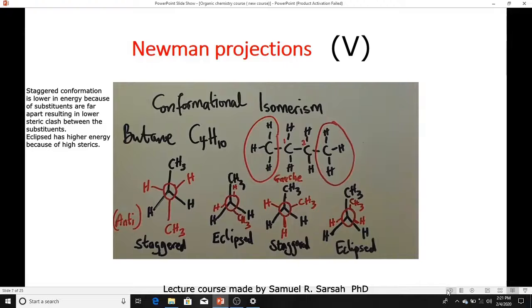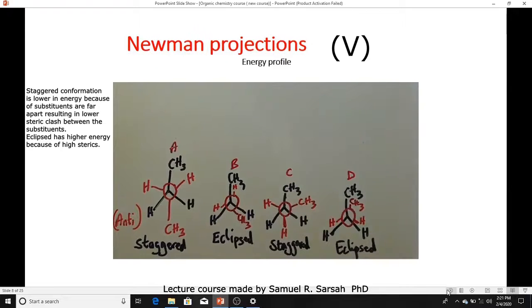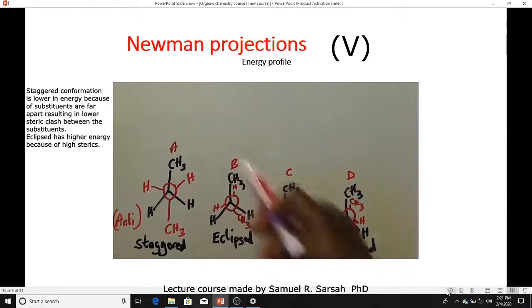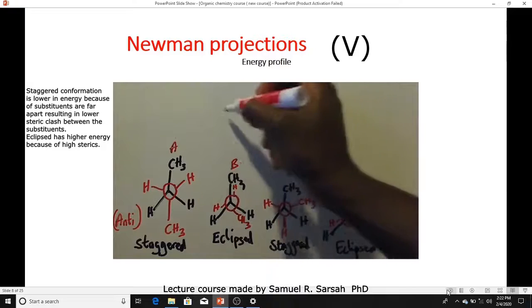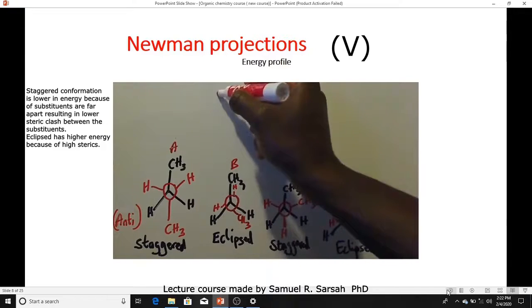So I'm going to draw the energy profile for this one. So these are the different conformations of butane, and I've labeled them A, B, C, and D. So I'm going to draw the energy profile.